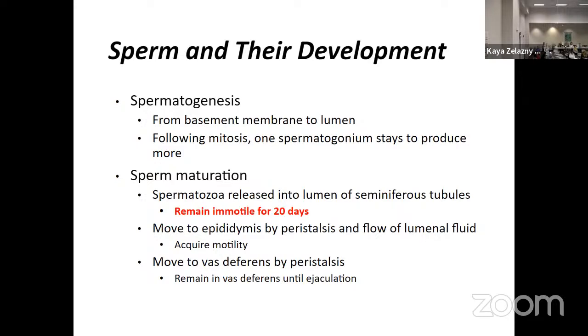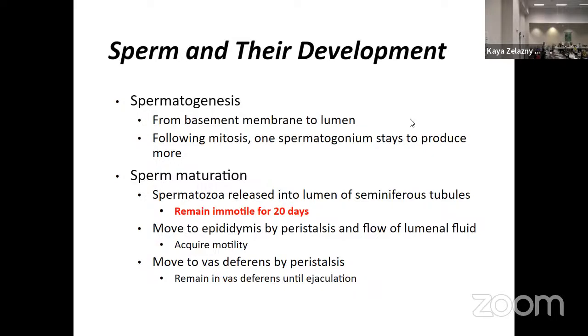We had mitosis happening to regenerate more spermatogonia out on the edges, while another spermatogonium is undergoing meiosis, moving inwards, eventually producing those spermatozoa that are hanging out in the lumen, but they're not ready to move. In order to get those spermatozoa to be fully mature sperm that have motility, it's actually going to take until we move them into the epididymis.